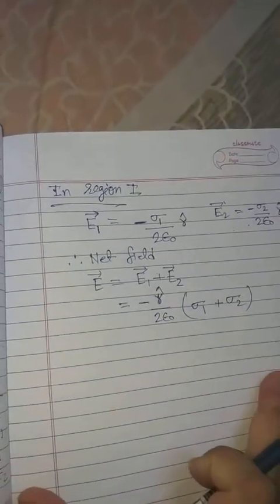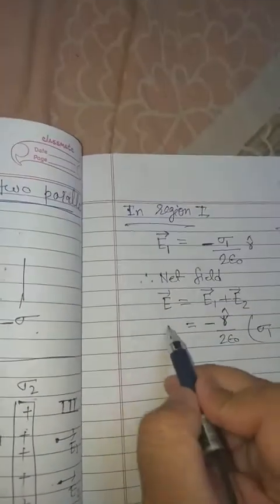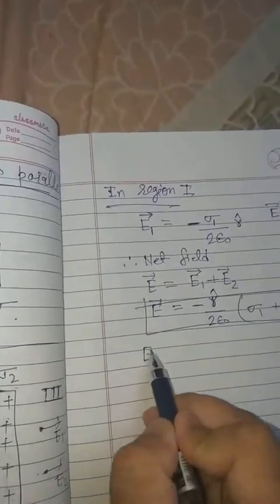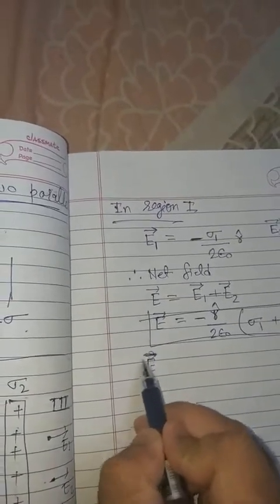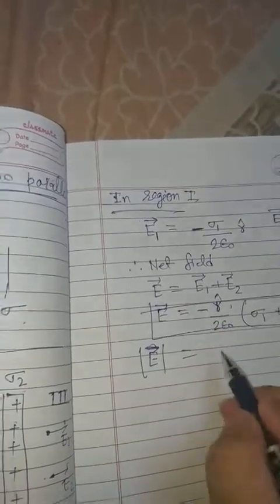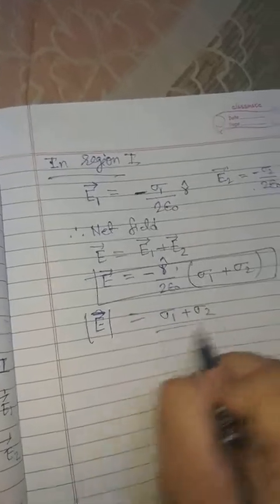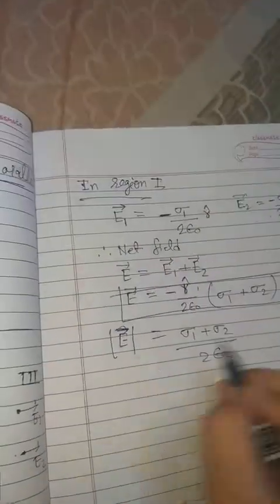So this is the vector form. In magnitude, r cap will not be there, only sigma 1 plus sigma 2 upon 2 epsilon naught. So this is in region first.